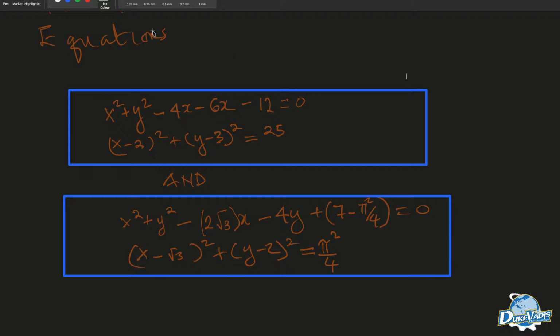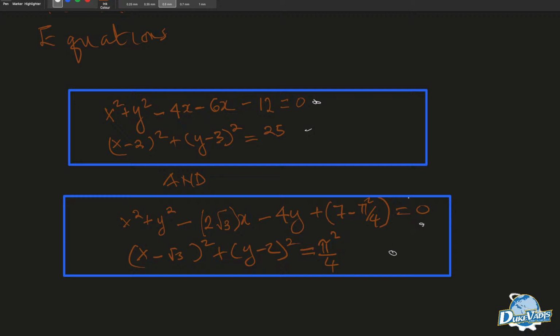So at the end of the day, the second equations are nothing but what we expanded to get the equations we have on top. This equation here is the same as this one, and that, and that.